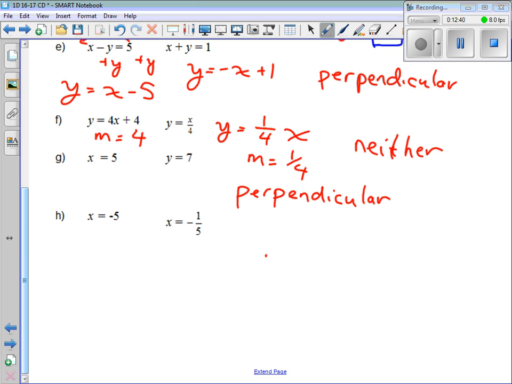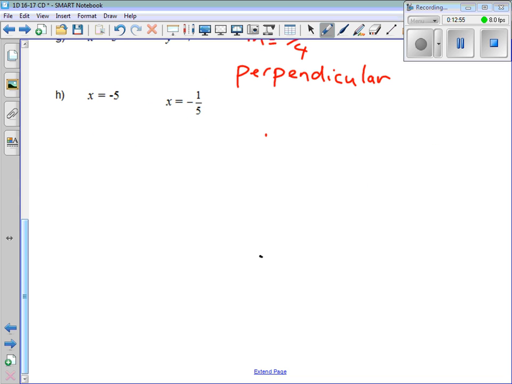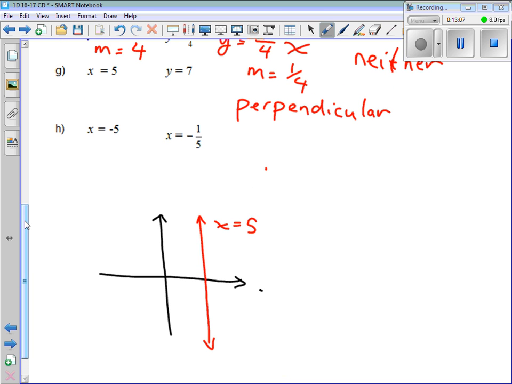Okay. What kind of a line is x equals 5? I'm going to put a little picture down here at the bottom. X equals 5 is a vertical line. What about y equals 7?